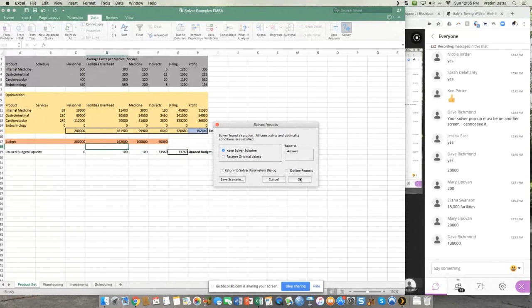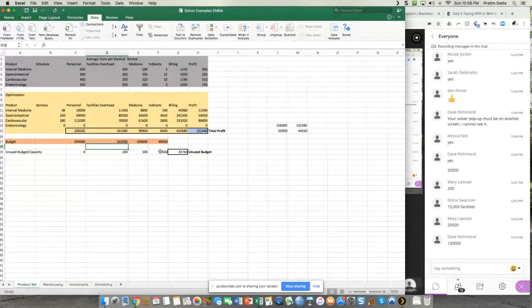And so forth. So we'll do that. I think the problem right now is that we've got too much budget for indirects, and that budget needs to go away. So you see we have $33,760 left in unused budgets, out of which 33,560 is left in indirects.